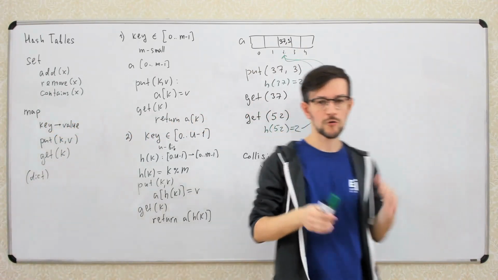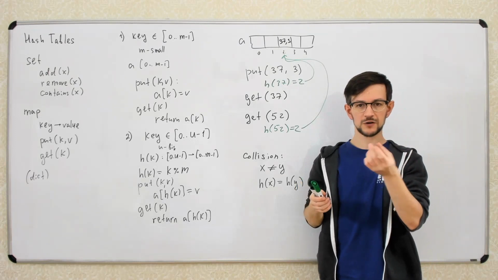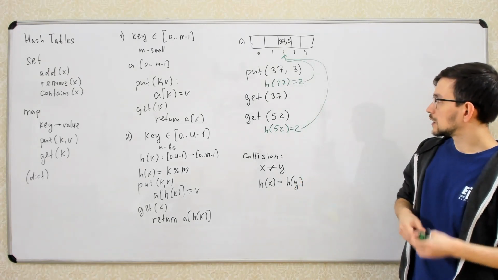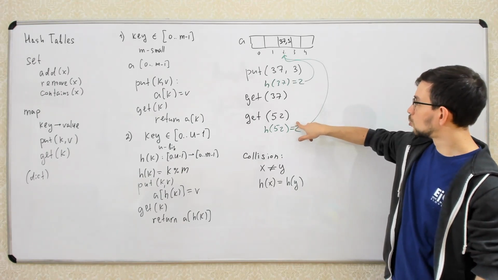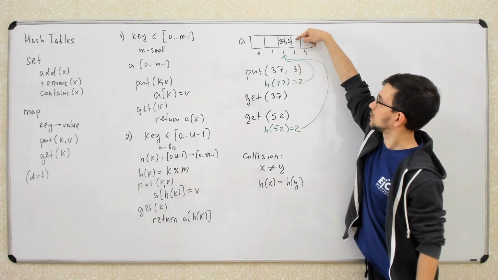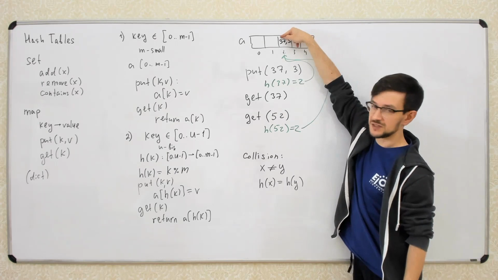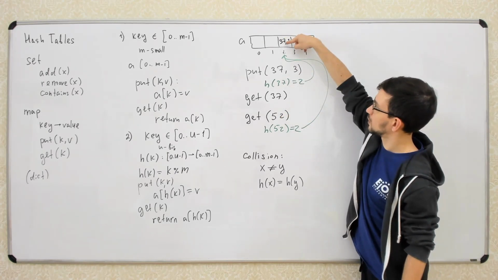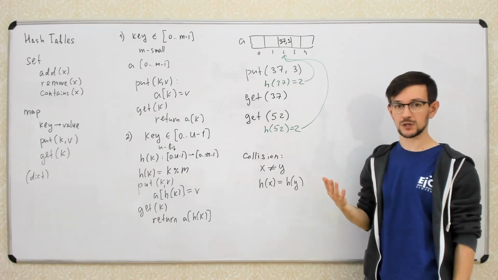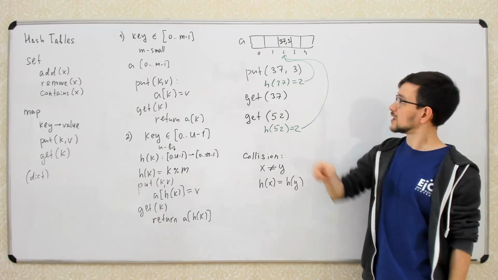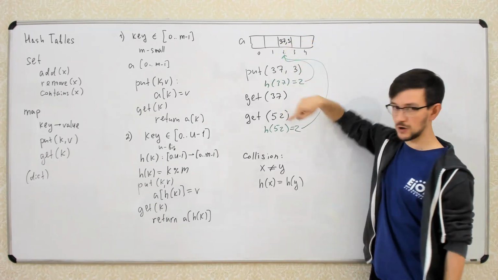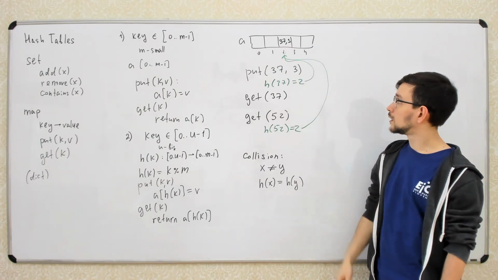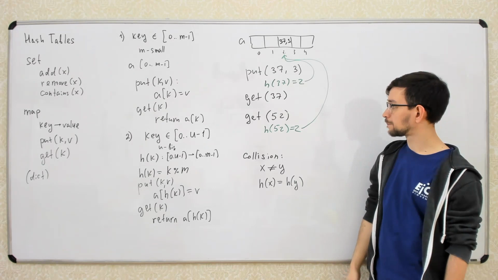So now our array contains pairs of numbers. A pair is a key and a value. And here we will look in this cell, but see that this key is different. Here we have key 52, here we have key 37. So we see that the key is different, so this value is not the value we're looking for. That's the whole idea.